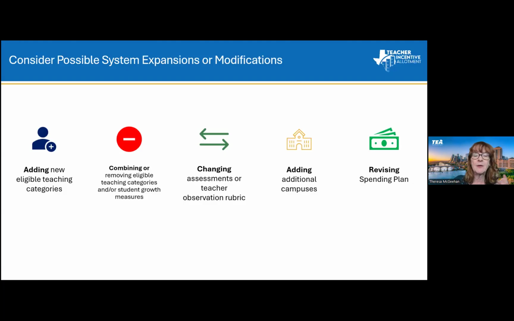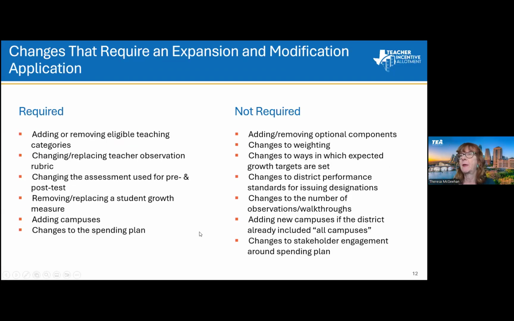Maybe you're using Danielson and you want to switch to Marzano, or you're using Marzano and you want to switch to T-TESS. You can do that. You can also add additional campuses. Some districts started out with just a few campuses and they want to add campuses over time. Other districts started out with all campuses eligible. That just depends on what your district is doing, and you also can revise your spending plan. So these are all things you can do via an expansion modification.